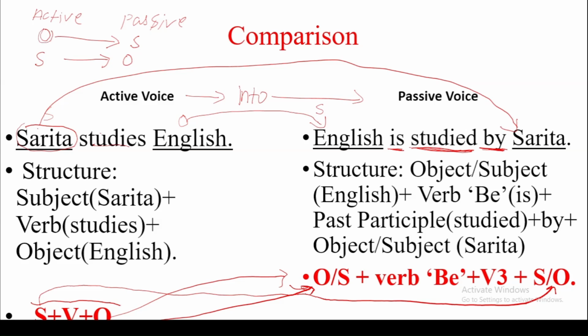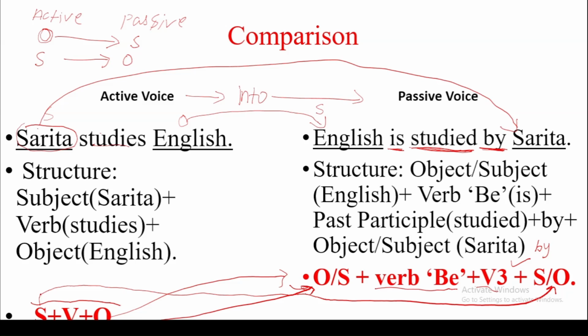Object of active becomes subject in passive, and subject of active becomes object in passive. Then after changing object as subject, we follow the rule of verb be, then V3, then by, then subject as object. So this is the structure.